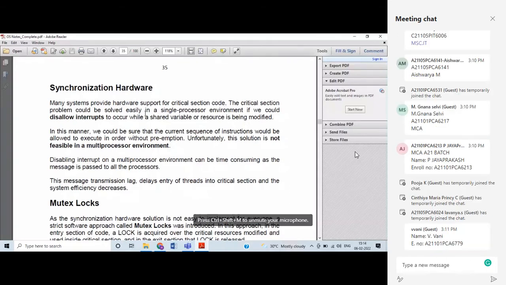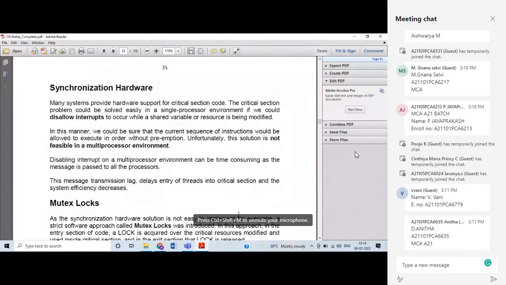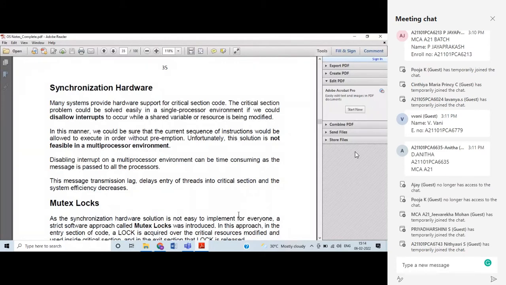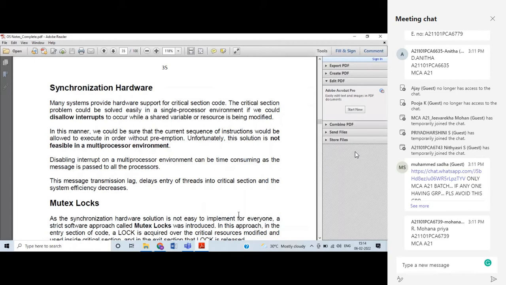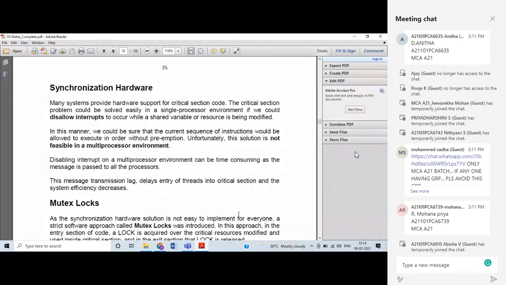The critical section problem could be solved easily in a single processor environment if we could disallow interrupts from occurring. If only one process is in a system, we can avoid interrupts and allow that processor to access the critical section. That is synchronization hardware, a mechanism.